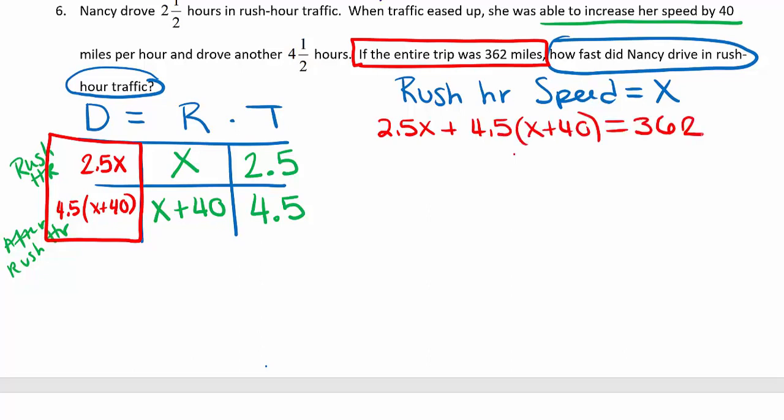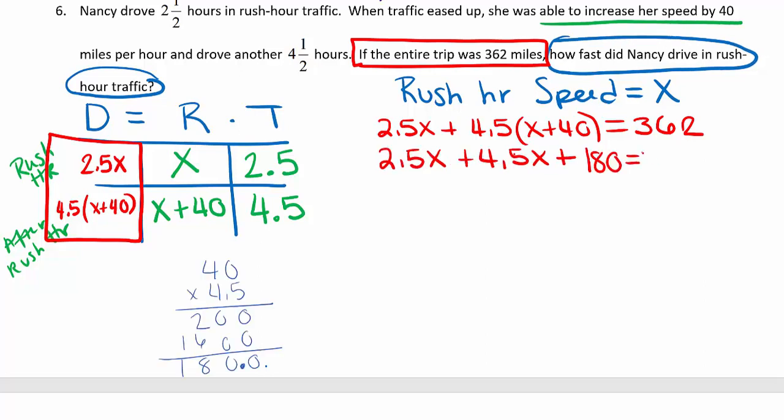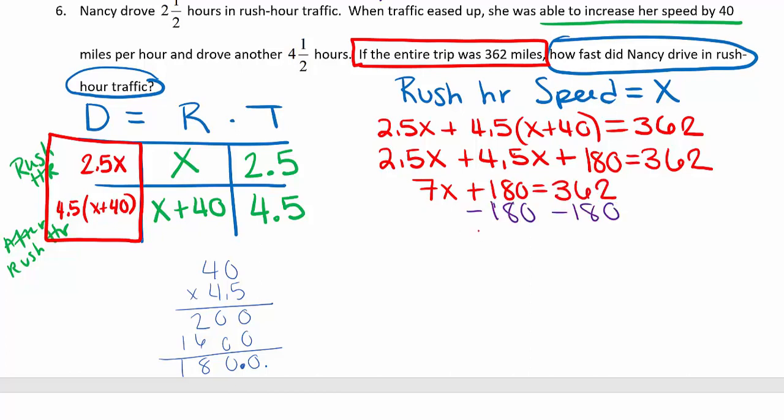Now I have an equation that I can solve. I can get rid of parentheses. So I distributed the 4.5, and then I'm going to combine like terms. I get 7x plus 180 is 362. I want to get the x by itself, so I'm going to subtract 180.